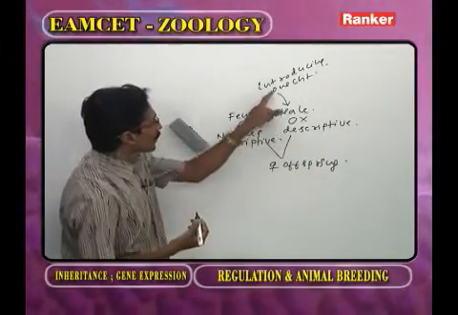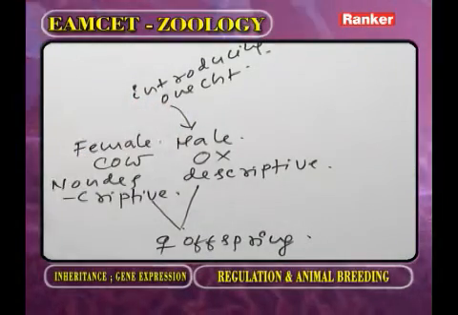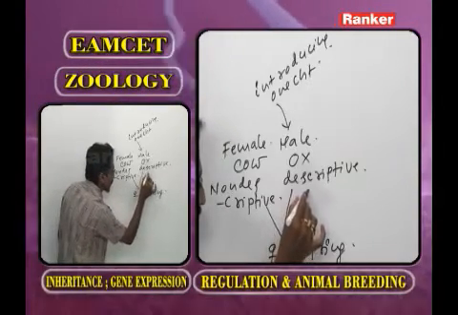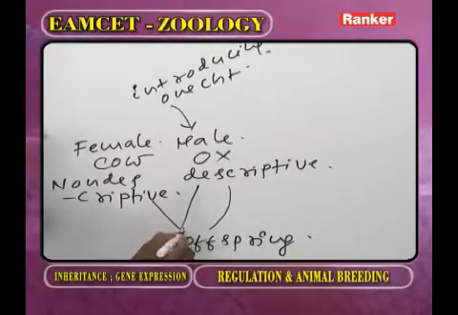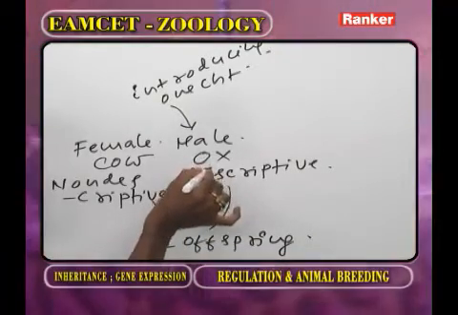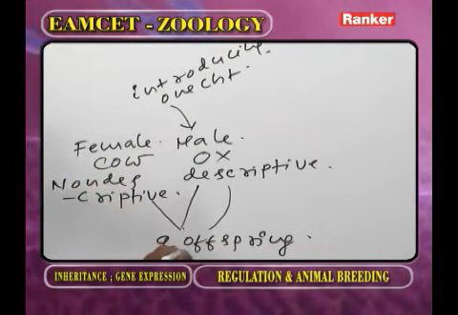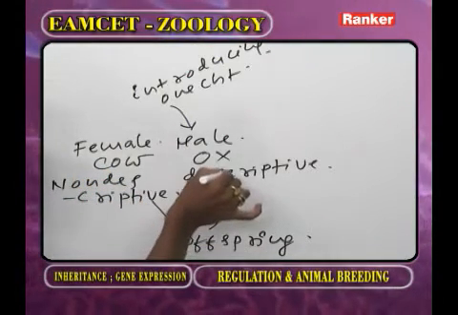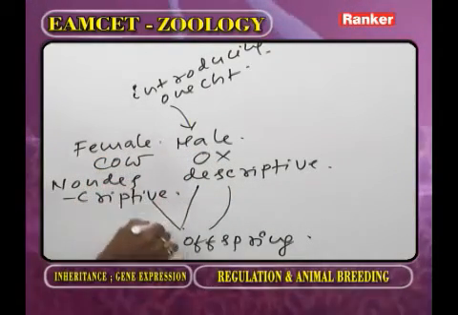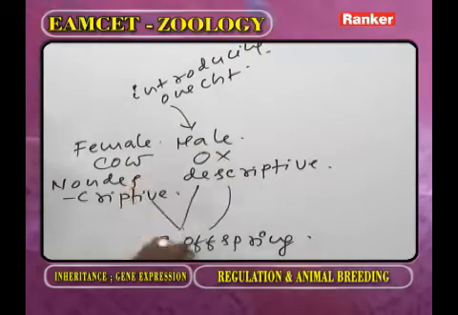Now we want to improve the quality of the introduced character. What is going to be done? Always the female offspring is crossed with the descriptive male, again the male crossed with the female, getting the female offspring crossed with the descriptive male.